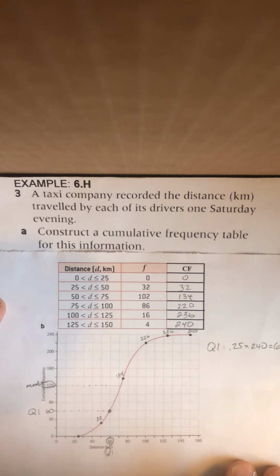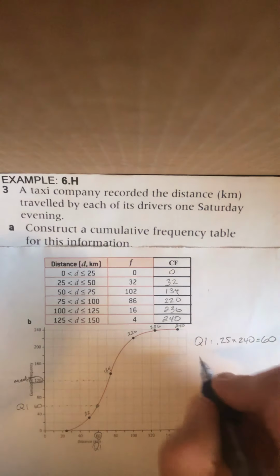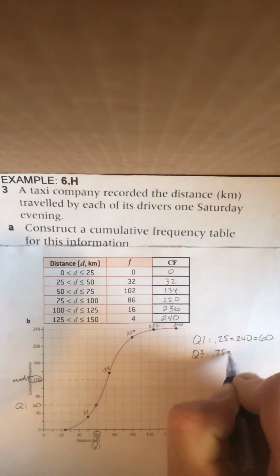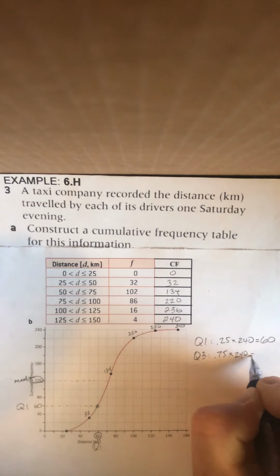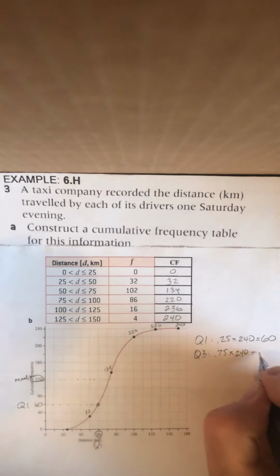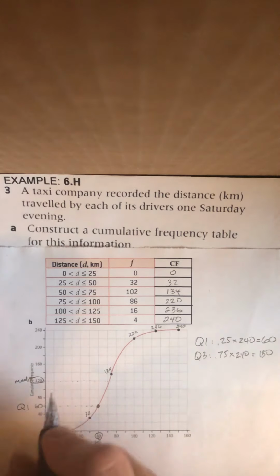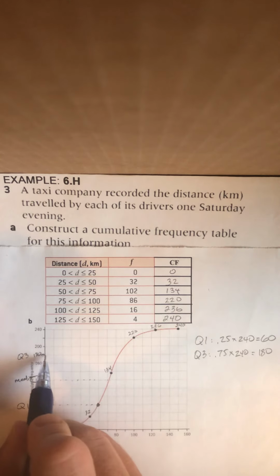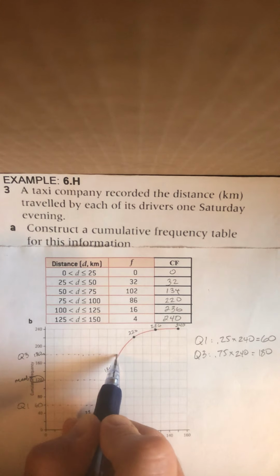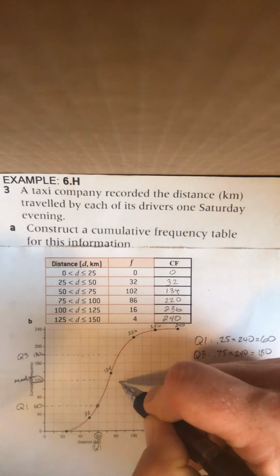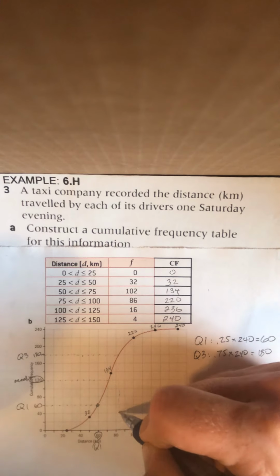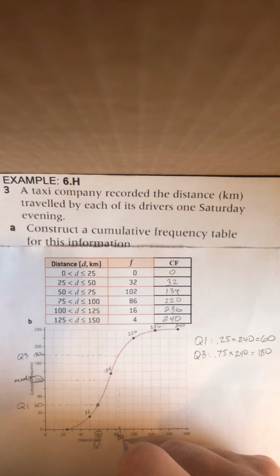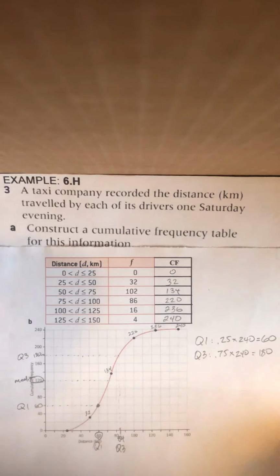And so this is Q1. We're going to do the same thing for Q3. Q3 would be 75% of the data, and so 75% of 240 is 180. And so at 180, we're going to find our Q3 by going across and going down, and that appears to be about, let's say, 84, and that's Q3.